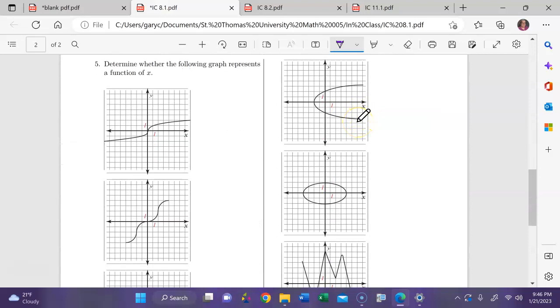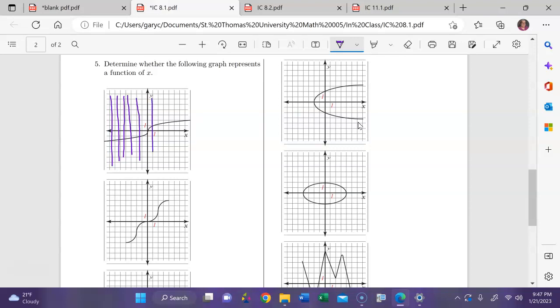And I'm going to talk briefly about what's called the vertical line test. In this case, I have a curve, and we're trying to determine whether it's a function or not. If I drop a vertical line anywhere along here, I can pick any place, and that vertical line will only cross through my curve once.